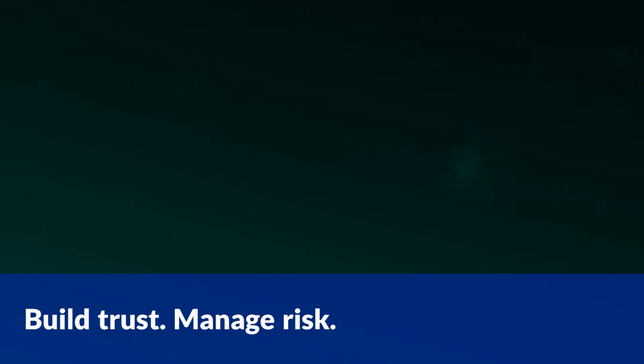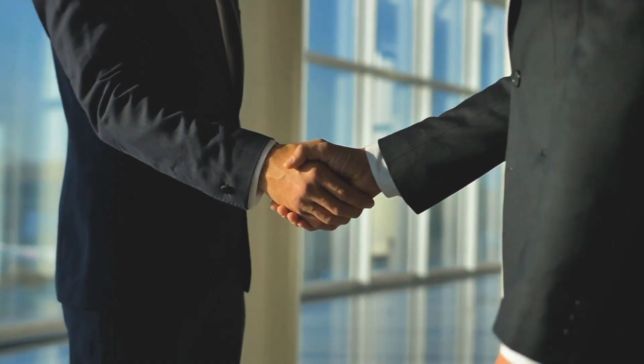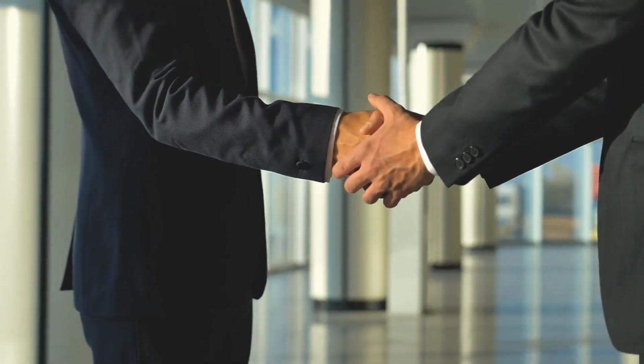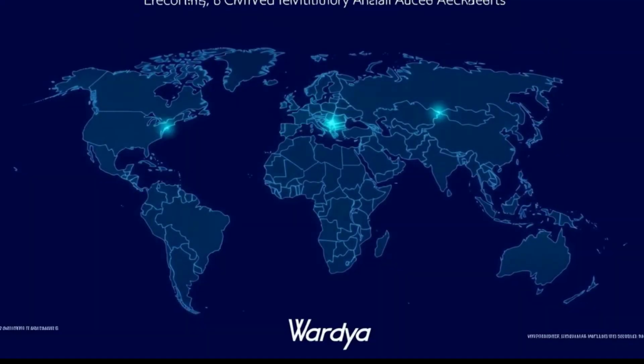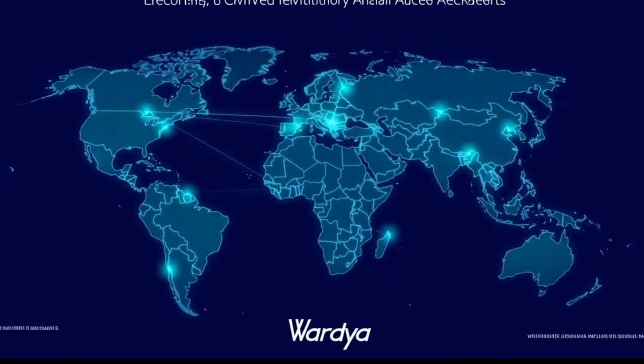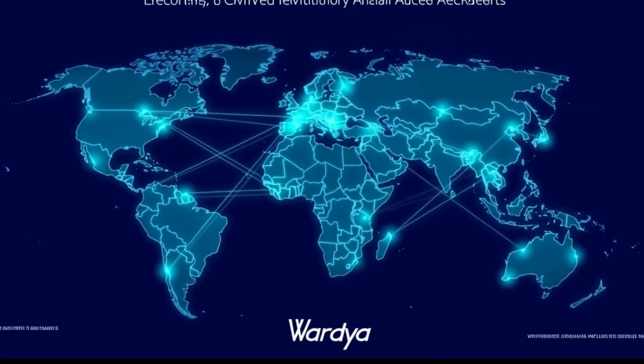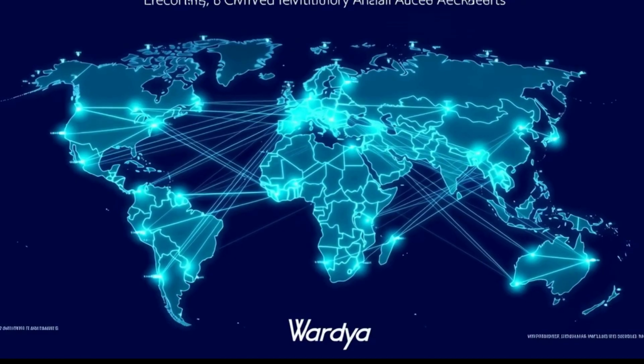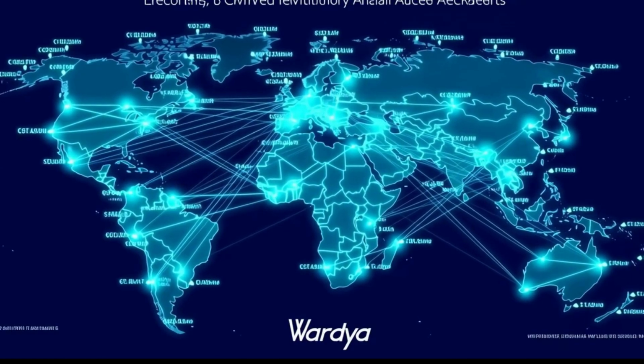Wardya, Identity and Risk Intelligence Platform. Organizations choose Wardya because it doesn't just verify identities, it understands them. While others offer isolated tools, Wardya unifies identity verification, fraud detection, AML compliance, and risk intelligence into a single, real-time platform.